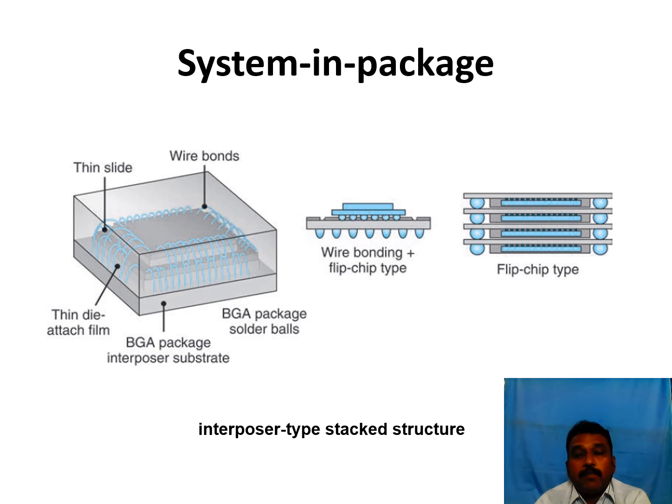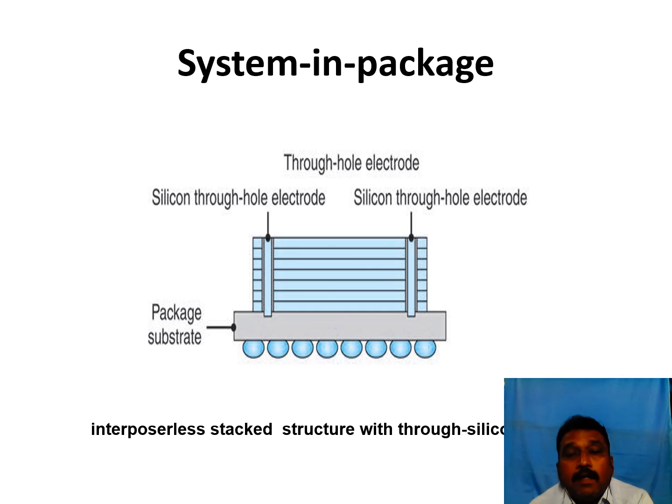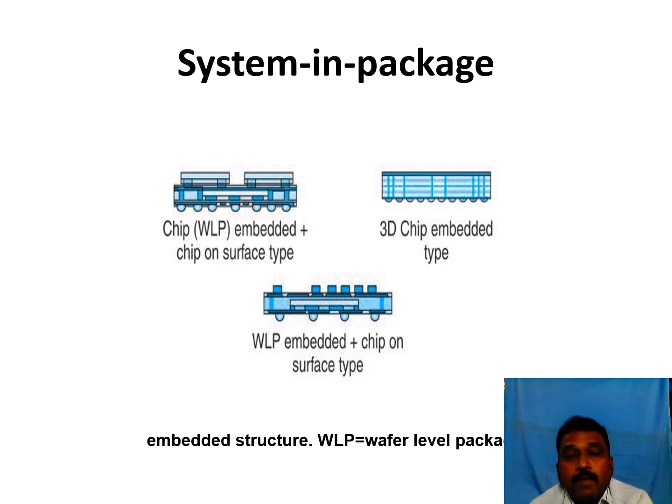Next one is the interposer type stacked structure, how the chips are attached. And then this is the interposerless stacked structure with through silicon. This is another type. And then you can see the embedded structure. You can see here WLP, that is the wafer level package.